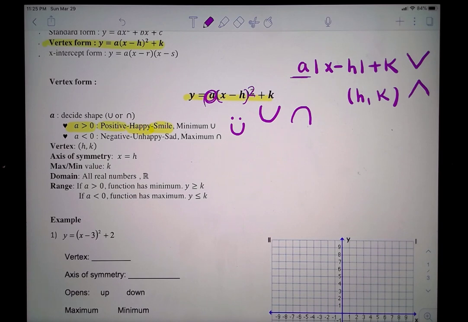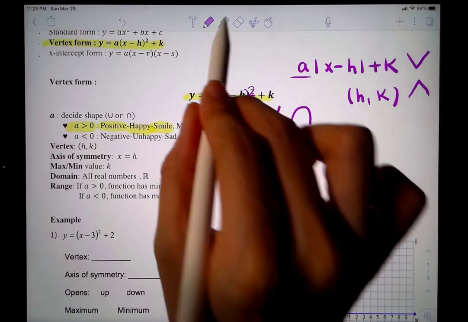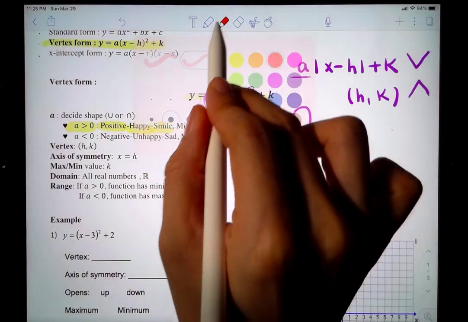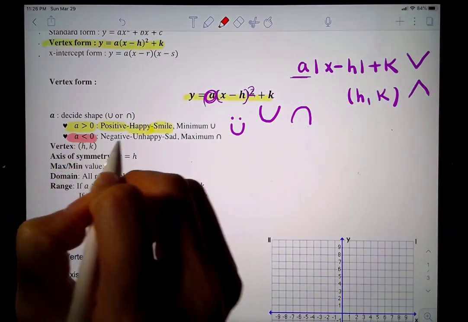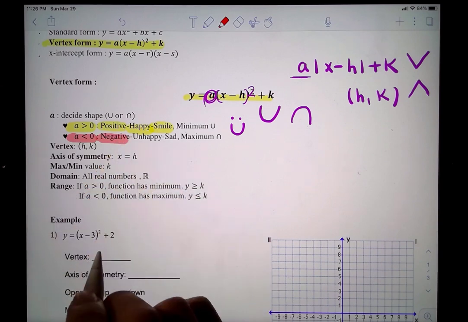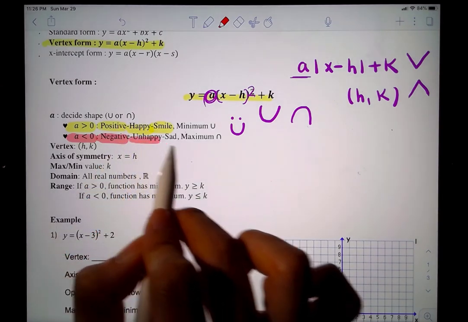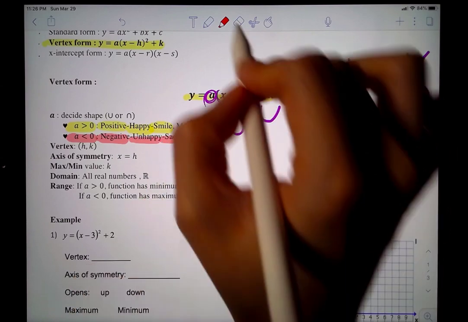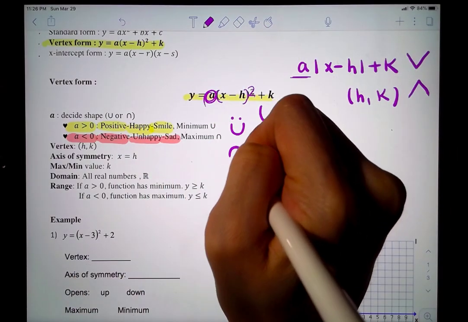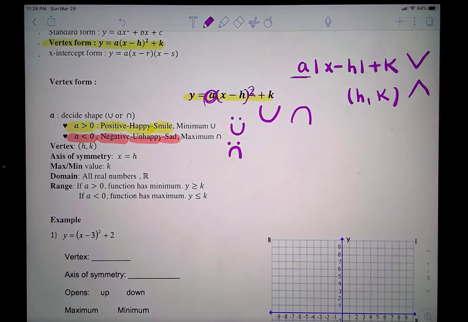So when a is positive, it opens up, all right? And then when a is negative, what? That's negative. Then you know negative means unhappy. That means sad, right? So you will get a sad face like that.